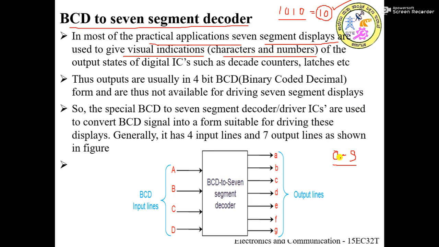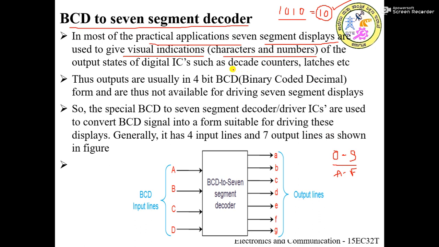So 0 to 9 we write as numbers, and from 10 onwards till 15 we indicate them with the characters, that is from A to F. These too I can display in the 7 segment display.